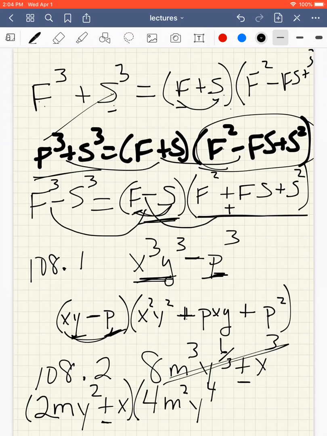If this is a plus, this is a minus. Formula says to multiply these two guys. So 2mxy squared. Formula says that's always a plus. And then square the second term, so this will be x squared. And you're done.